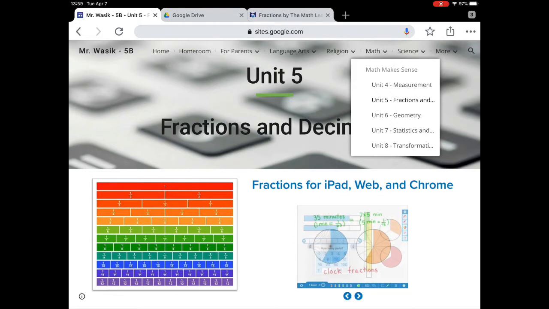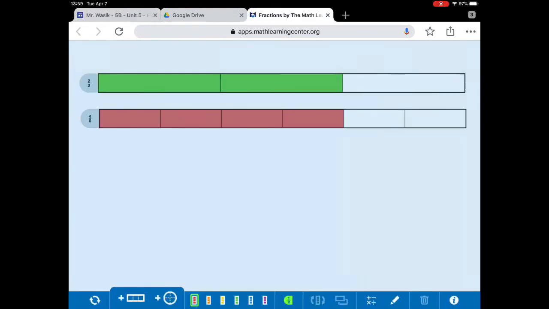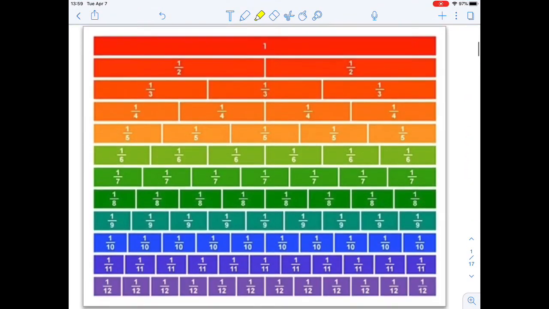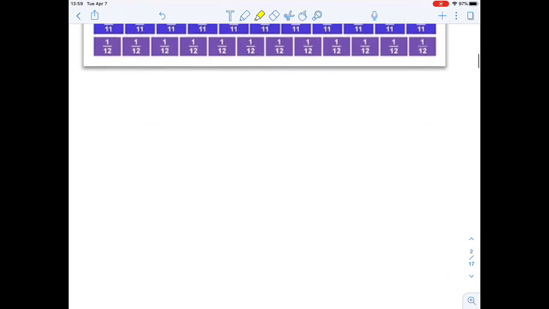That's the one right beside it, and it looks something like this, where you can create fractions using number strips or circles, pizzas. Let's jump into the unit. There's our equivalent fraction chart that we were talking about.